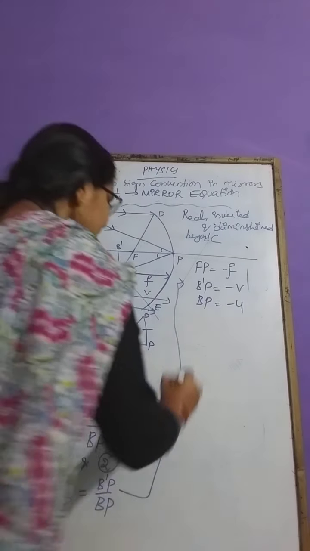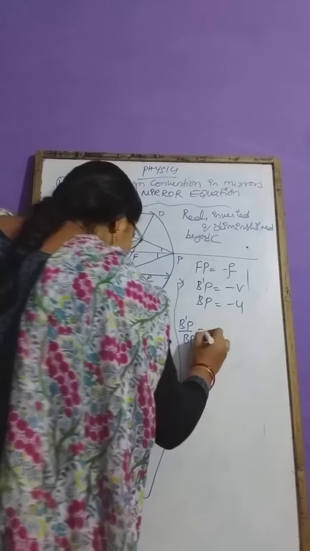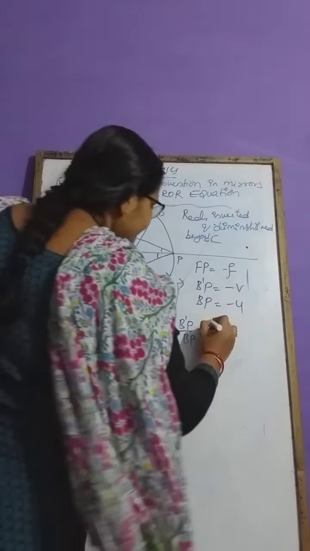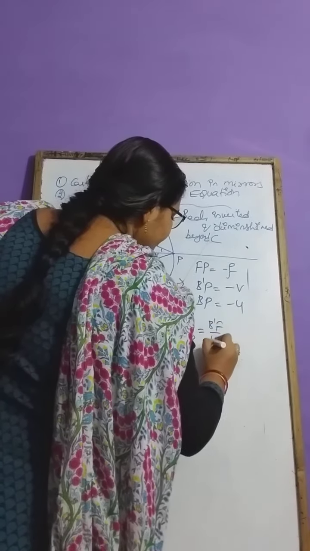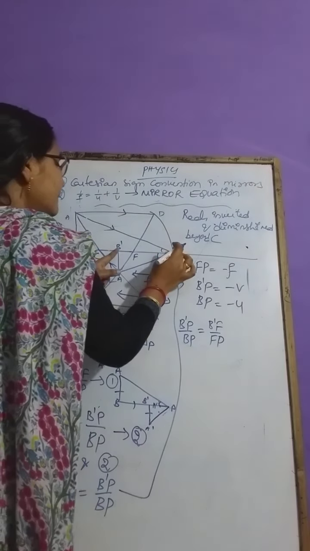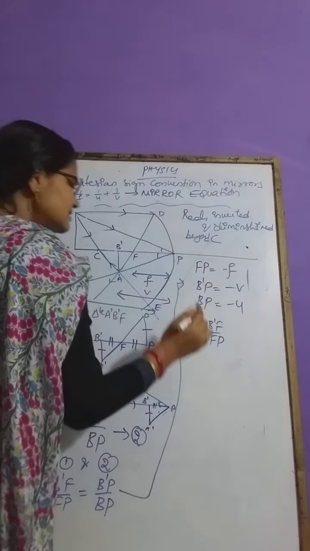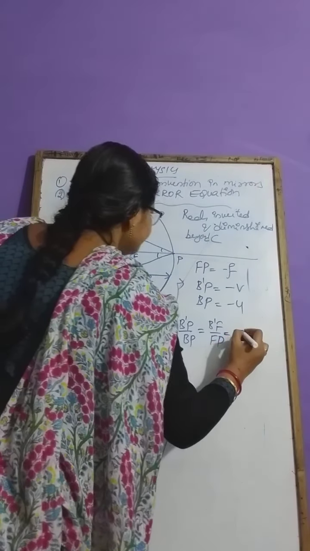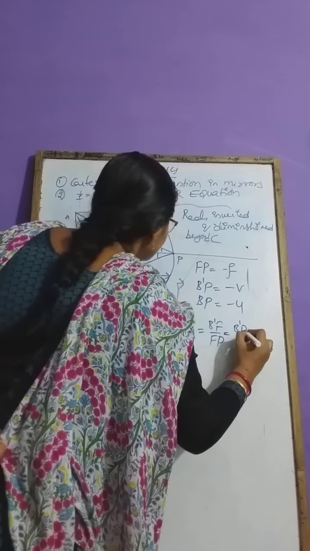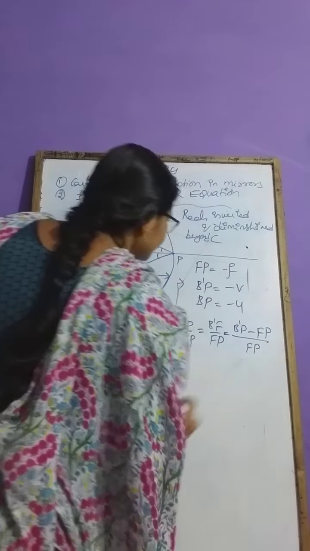Now here B dash P by BP is equal to B dash F by FP. But what is this B dash F? B dash F is nothing but B dash P minus FP. This is equal to this minus this. So that is B dash P minus FP by FP.